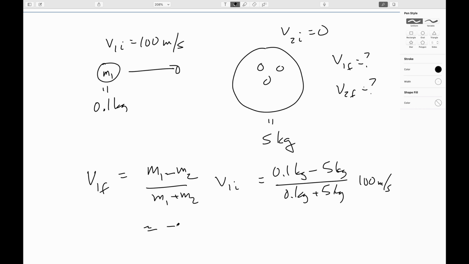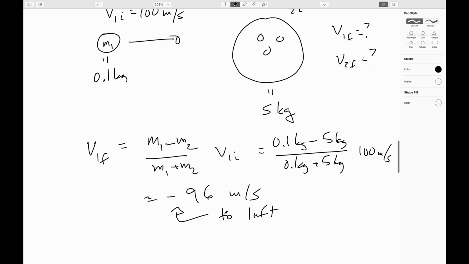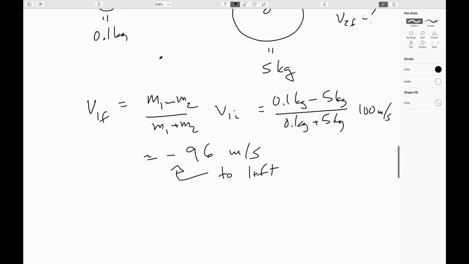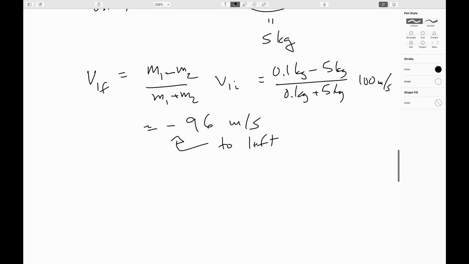That's basically negative 96 meters per second. So we're going to end up going off to the left. Okay, and that kind of squares with what we were expecting. We were expecting to be close to 100. We weren't expecting it to be like 99.999 because the masses were at least in the same zip code as each other. So yeah, that's kind of all making sense.